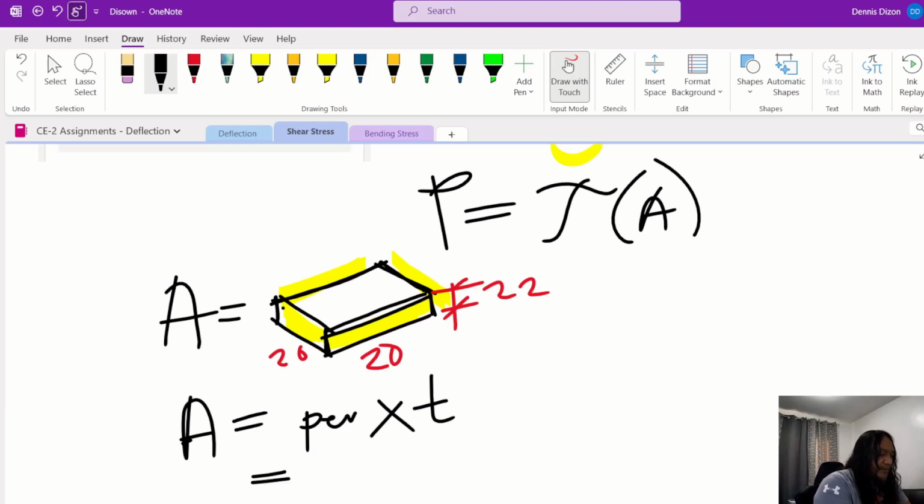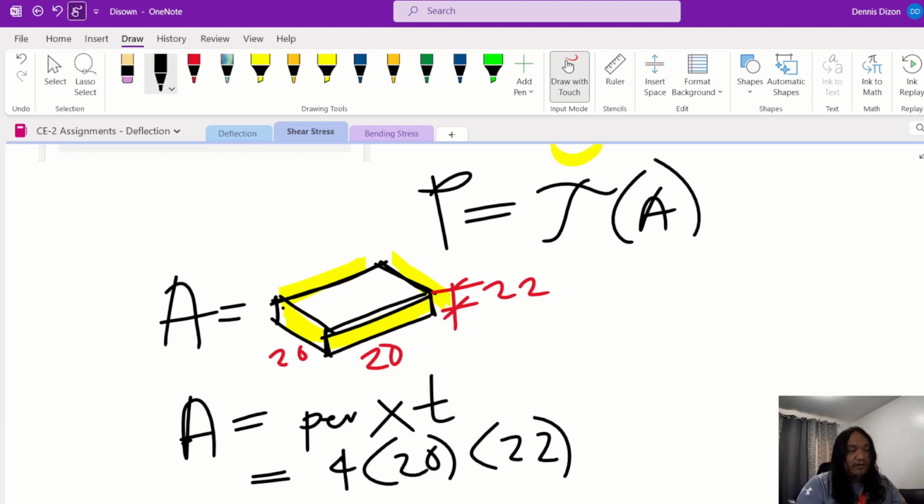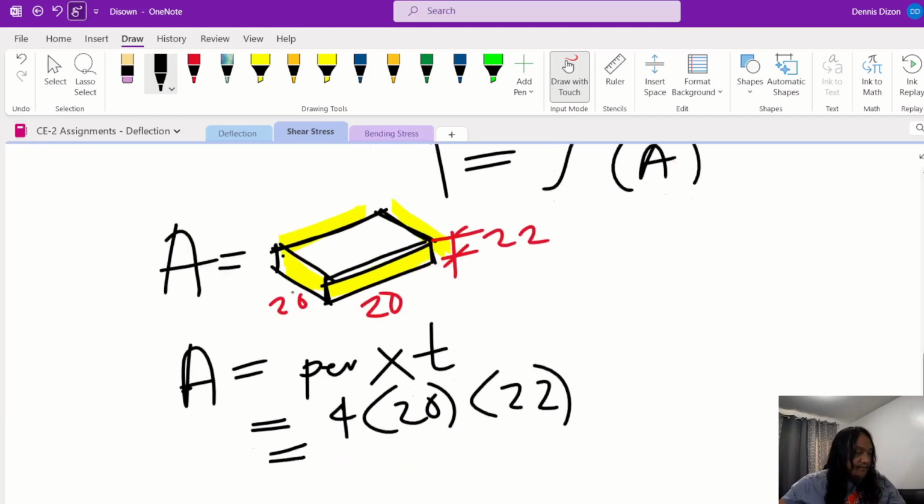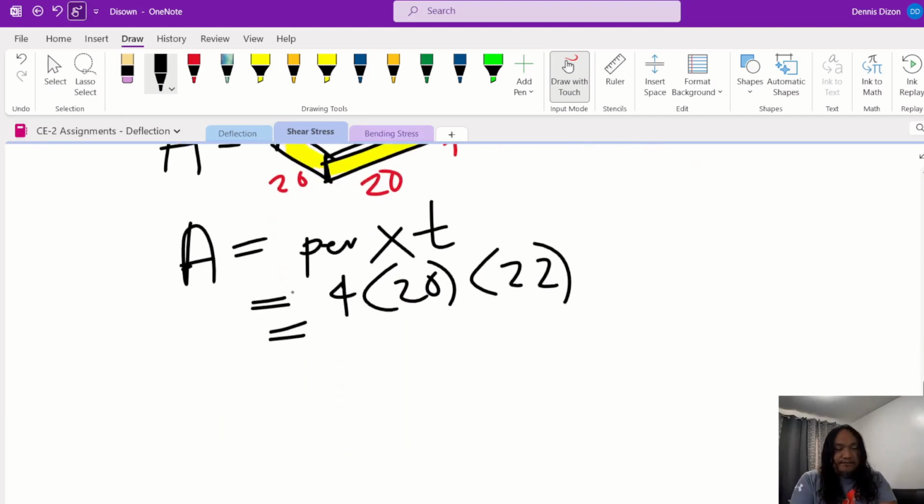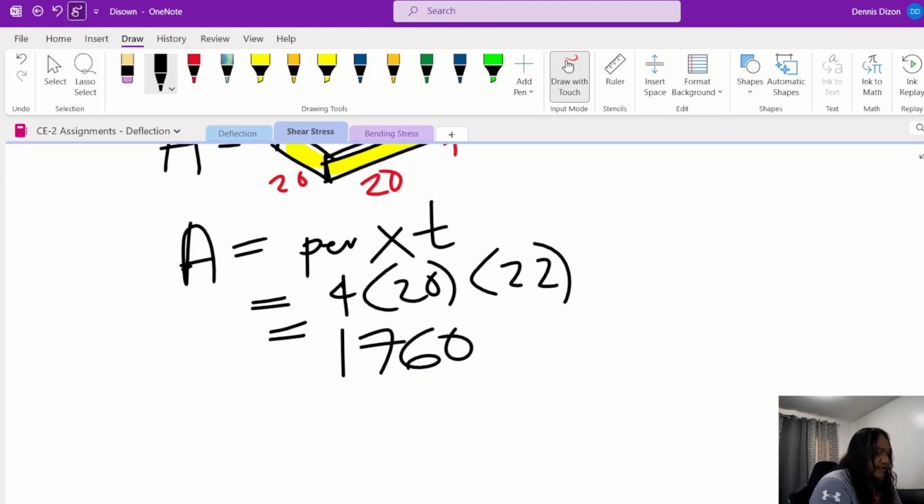Now our perimeter is 20 by 20, so 4 times 20, and then times the thickness, which is 22. Now our sheared area is equal to 4 times 20 times 22. This is 1,760 millimeter squared.